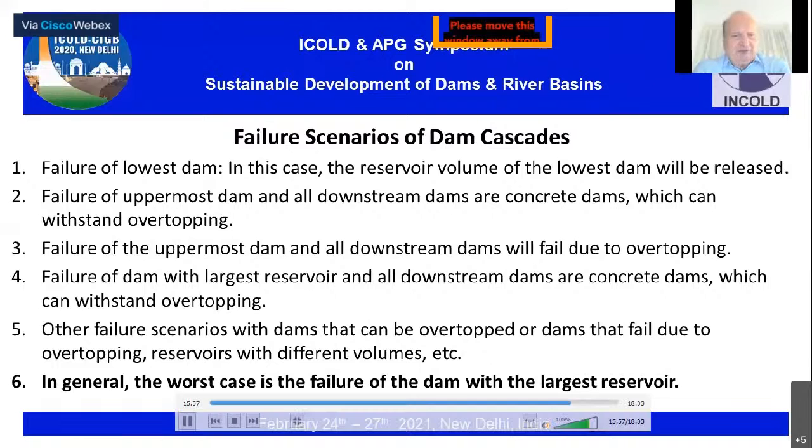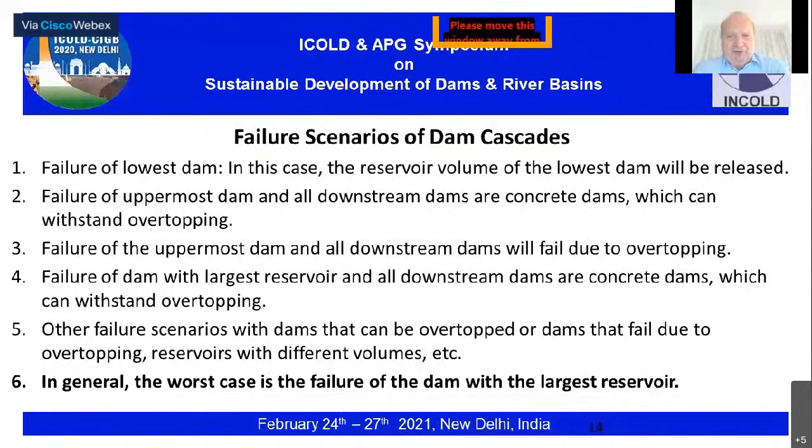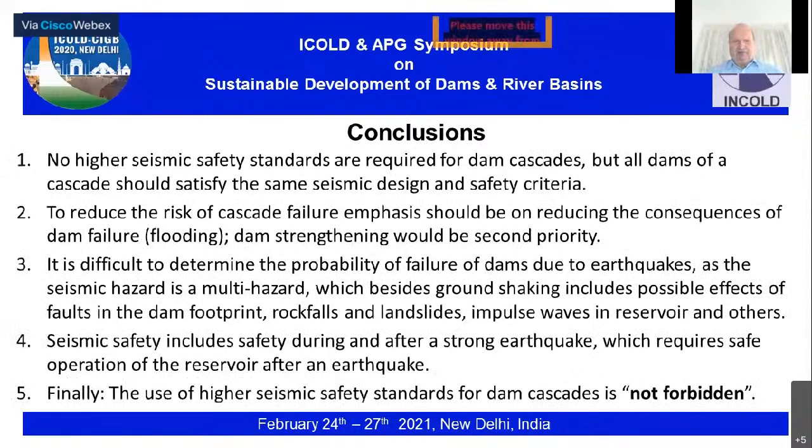And other failure scenarios with dams that can be overtopped or dams that fail due to overtopping, and reservoirs with different volumes, can be considered. In general, I must say the worst case is the failure of the dam with the largest reservoir.